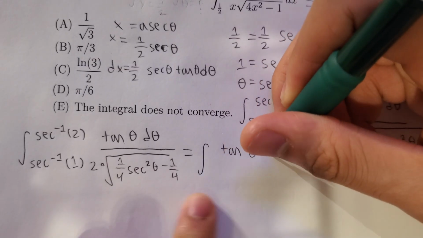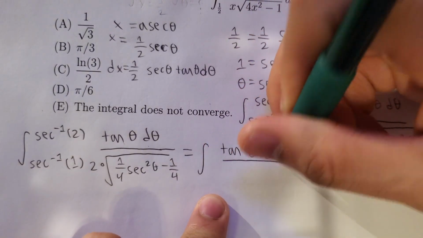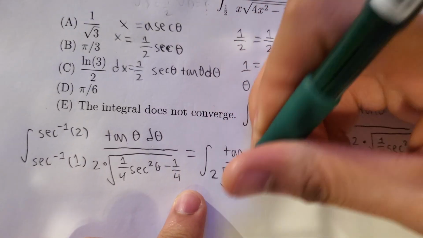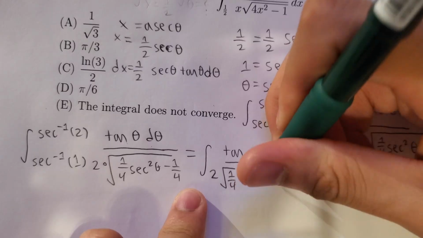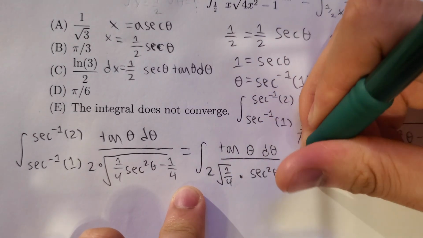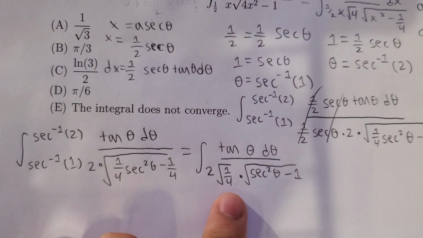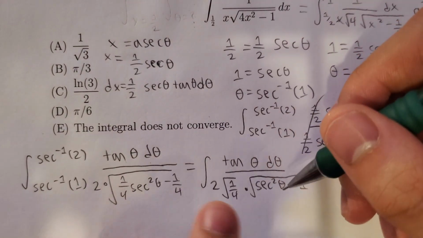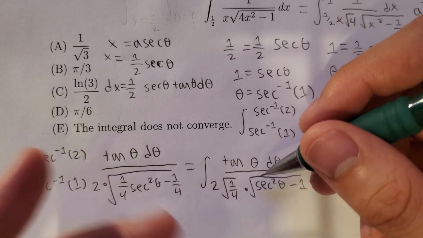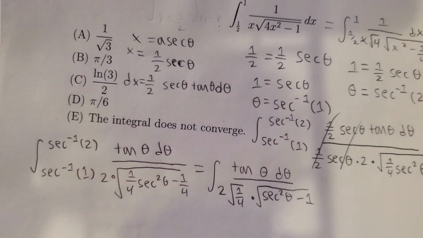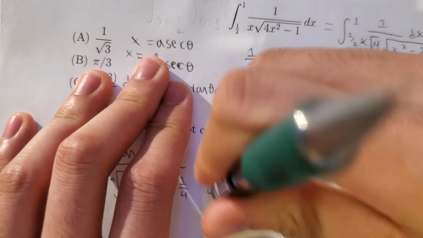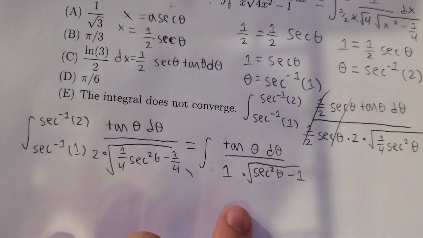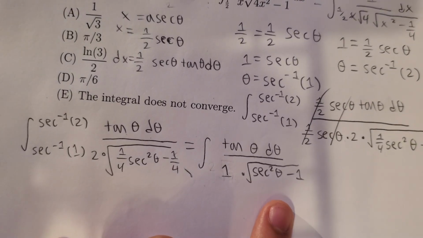We have tangent theta d theta, and we end up with 2 times the square root of 1/4 times secant squared theta minus 1. And just like when I took out the square root of 4 over here, I can do the same thing here. The square root of 1/4 just becomes 1/2 and cancels with this 2. So now all we have left is this 1 times secant squared theta minus 1.